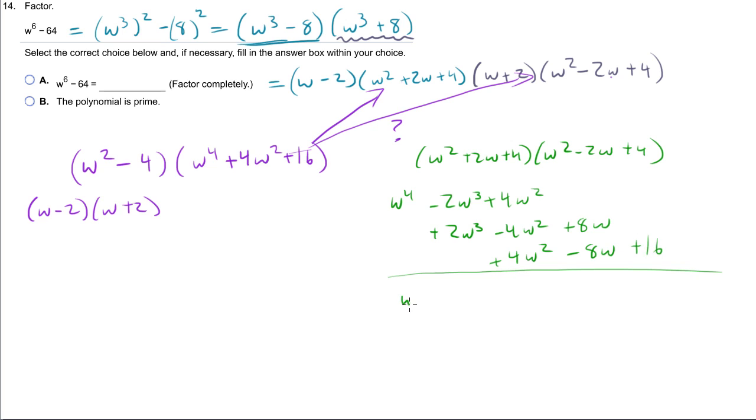We get w to the 4th. Those cancel, those cancel, those cancel. Plus 4w squared plus 16. Oh. So I guess we should break it apart by that squared first, or else we're going to miss some factors.